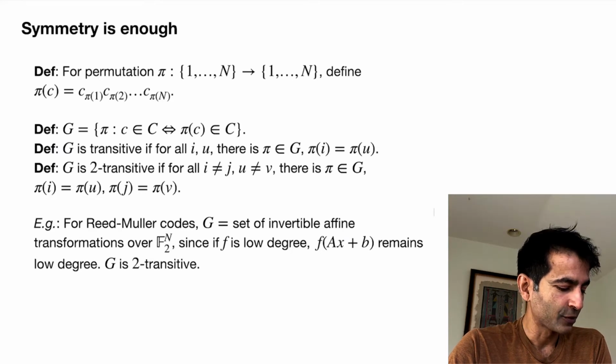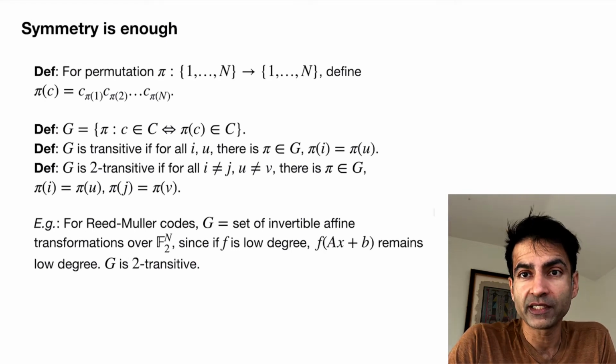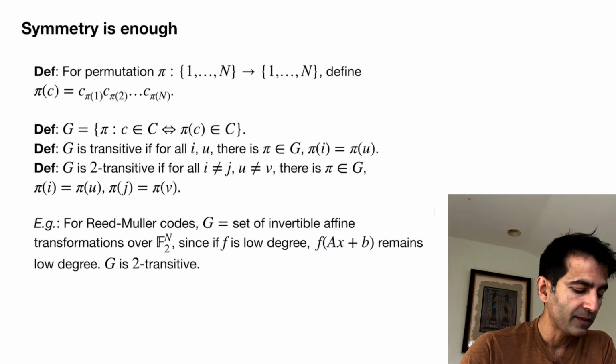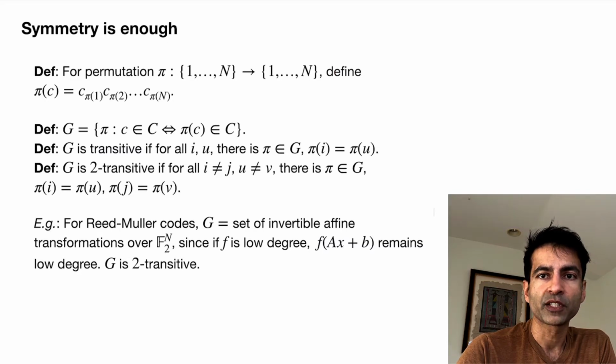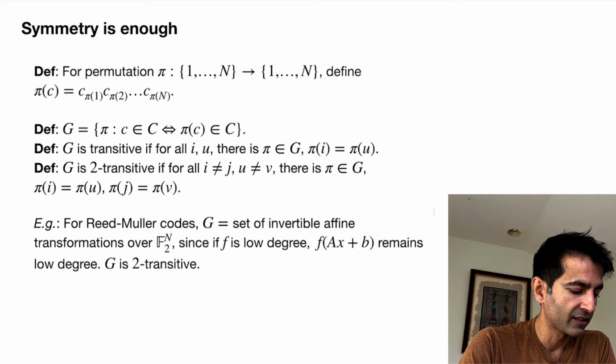So now to explain what kinds of symmetry we need, I need a few definitions. Given any permutation of the coordinates of the code words, you can think of that permutation as mapping a code word to another string by just applying the permutation to the coordinates of the code word, like this.